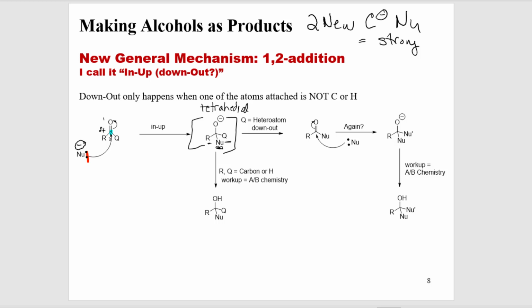Now, what we're going to notice is that sometimes R and Q, what you start with, are the things that define the carbonyl as an aldehyde, a ketone, an ester. If, let's say, R and Q are a combination of carbons and or hydrogens, then those are not good leaving groups, right? Carbons and hydrogens are not good leaving groups.